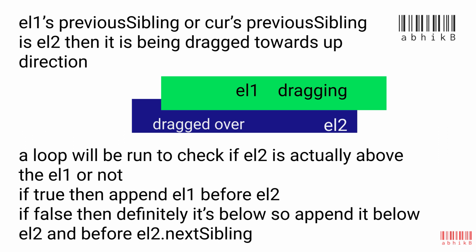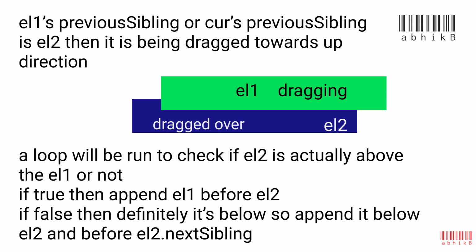And when it runs out of the loop, that is, the node type is equal to 9, or it's actually the body or HTML document, then it will return false. Otherwise, if cur is equal to el2, then it will return true.